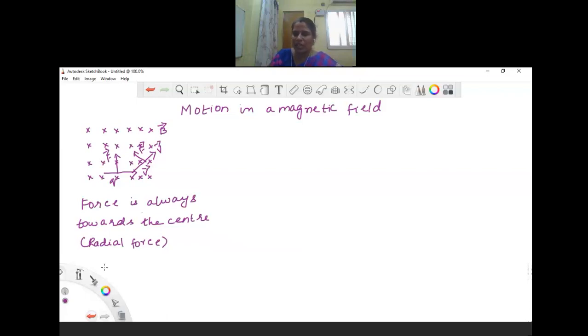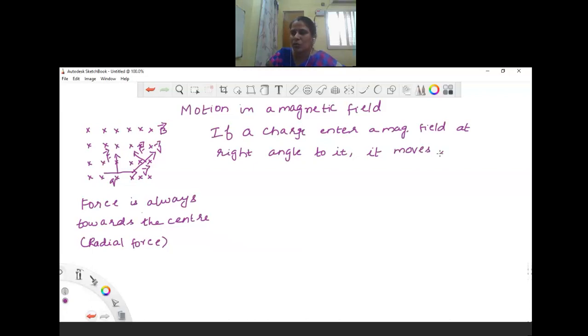So I can also write here: if a charge enters a magnetic field at right angle to it, it moves in a circular path.